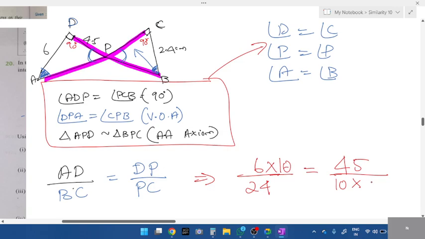Respond. What is PC? Is it given? No, right? Yes. Find the value of PC. First complete this. The reason I took AD and BC is that the value is given. AD is given. Opposite is BC. DP is given. Corresponding to that is PC.